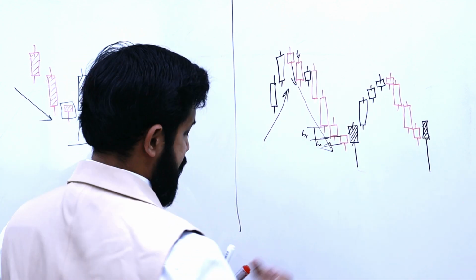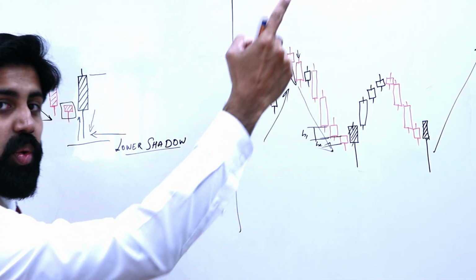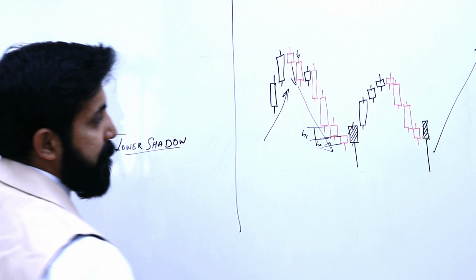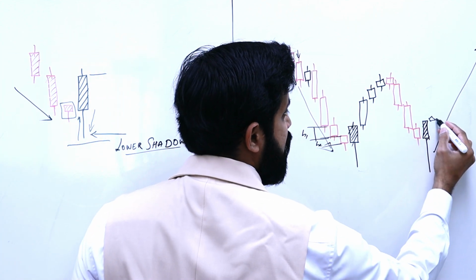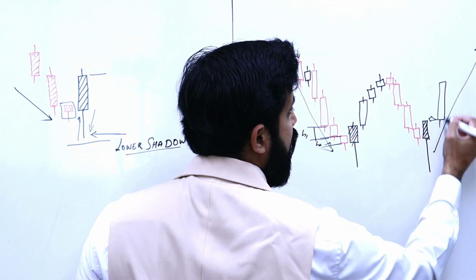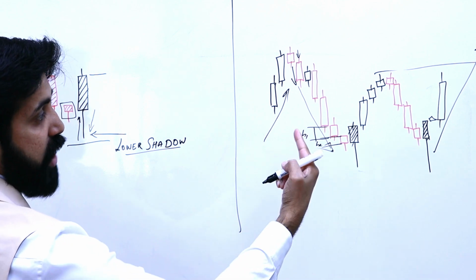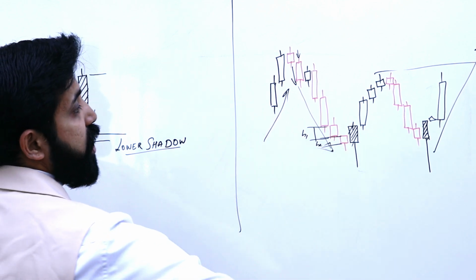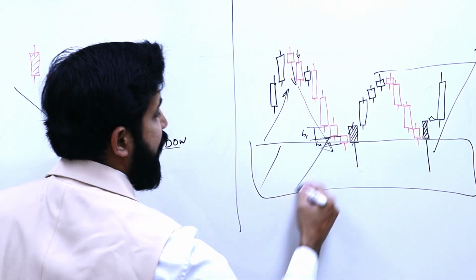So your potential for moving up is high, because most likely the next candle can be a small one or a big one, it doesn't actually matter, but followed by that you are going to see this movement. It can take 2 or 3 different candles to do that, but you are going to trend back up because this area is now your buying zone.